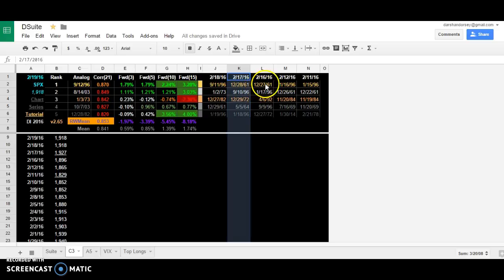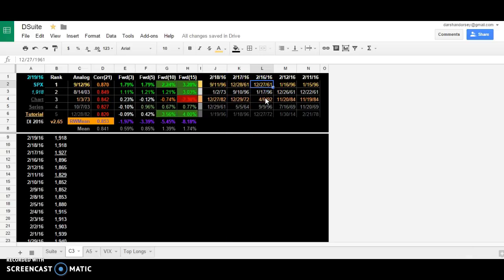You can see that these can slowly change over time, but it's not uncommon to see one particular analog stick in there for a good 3 to 5 days before slowly falling off, as we've seen with this December analog. And this 96 analog, meanwhile, has been fluctuating, but it looks like it's actually climbed up toward the top and is currently the number 1.